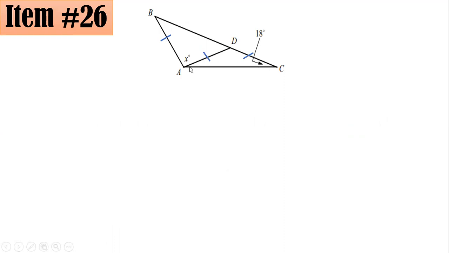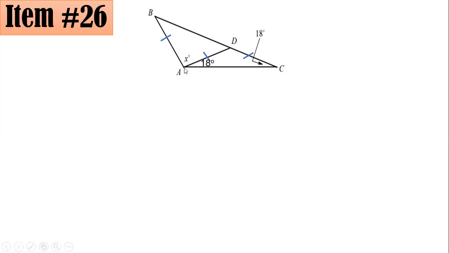And this tells us that ADC is in fact an isosceles triangle, right? And in an isosceles triangle, the angles opposite the legs, or what we call base angles, are also equal. So if this is 18, this other base angle has to be 18 as well.